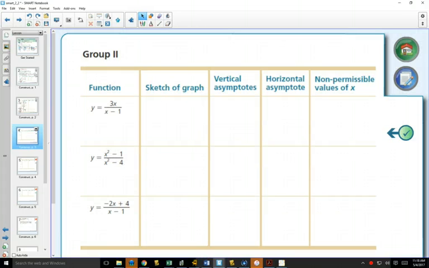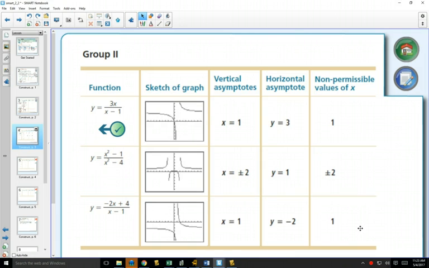These ones are lines divided by lines or parabolas divided by parabolas. There are the graphs, and again, we're going to add our asymptotes in here with a red pen.